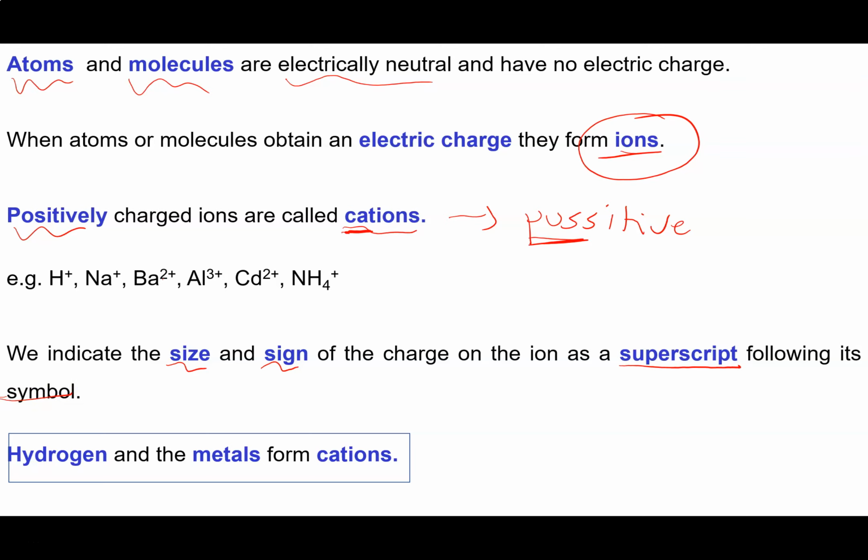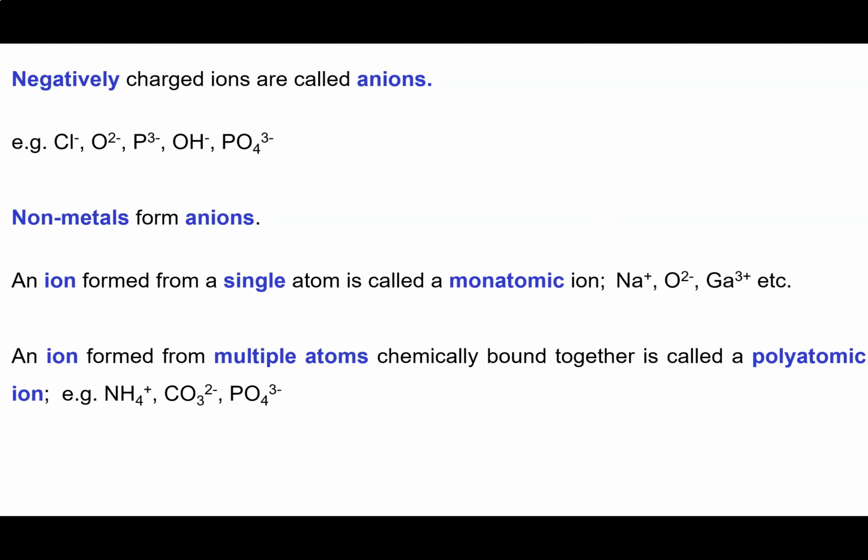So a little bit of knowledge that we can lock away is that hydrogen, which is over in group 1A on the periodic table, and the metals always form positive ions. So when those acquire an electrical charge, it's always a positive charge. They always form cations.